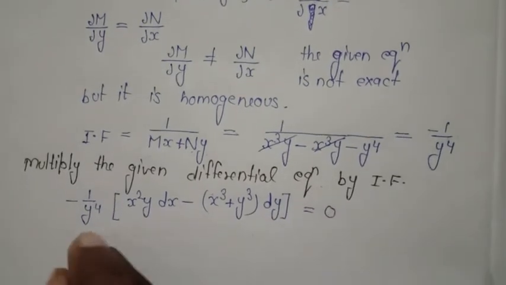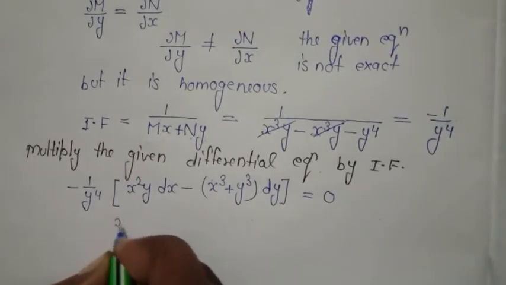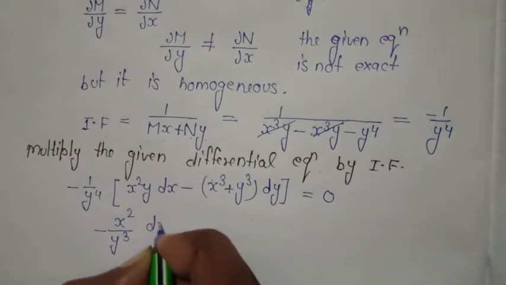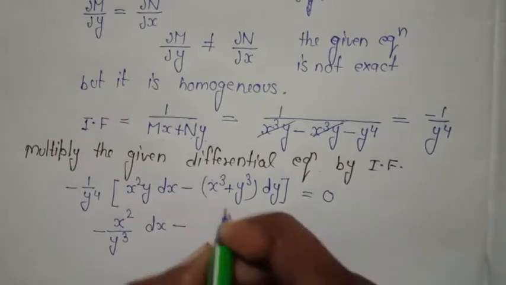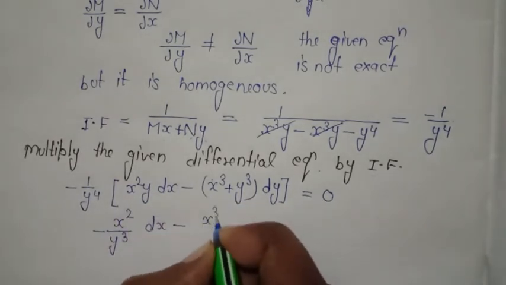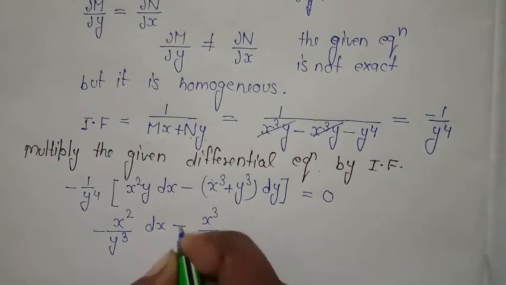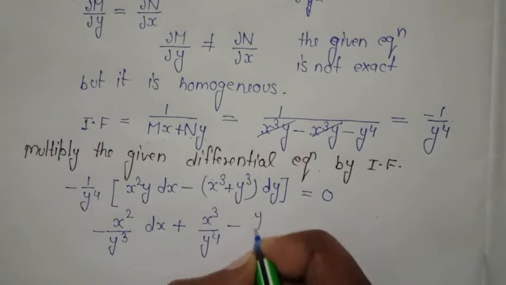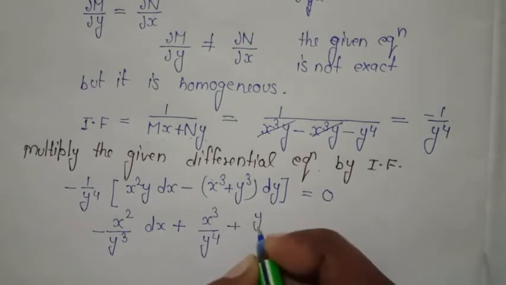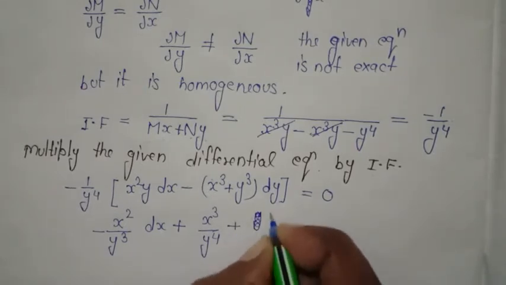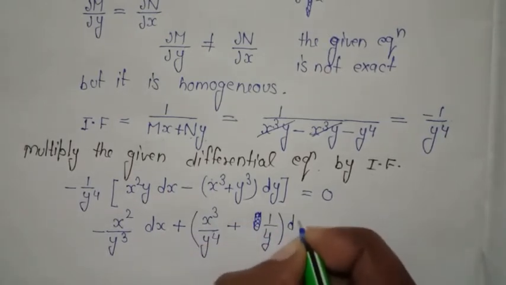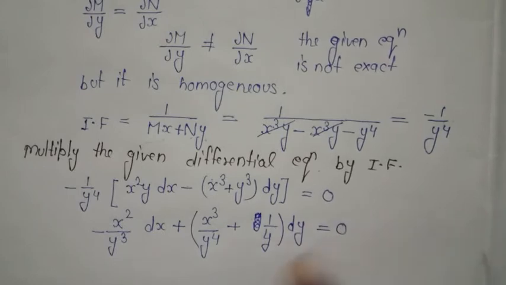I am going to multiply it directly. Hope you understand. Minus x square upon y cube dx, minus x cube upon y raised to power 4. This becomes plus because minus minus plus, and then plus 1 upon y into dy is equal to 0.